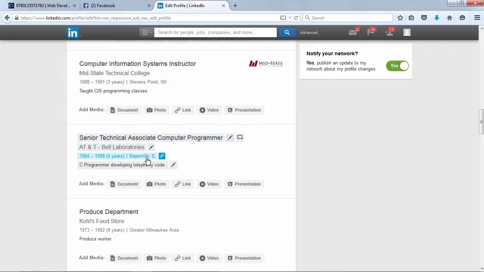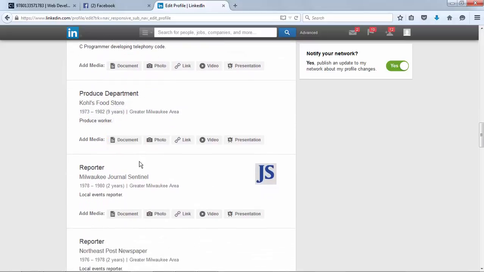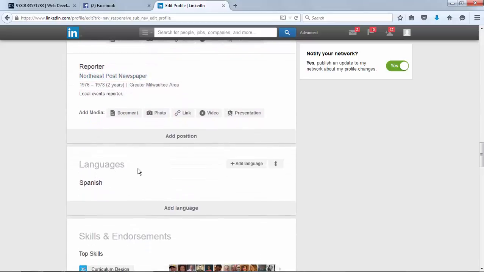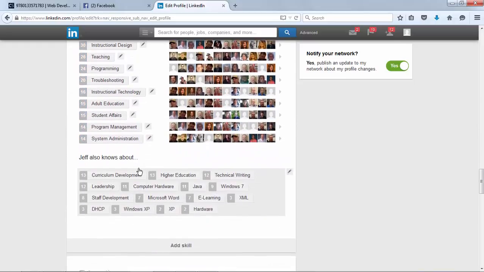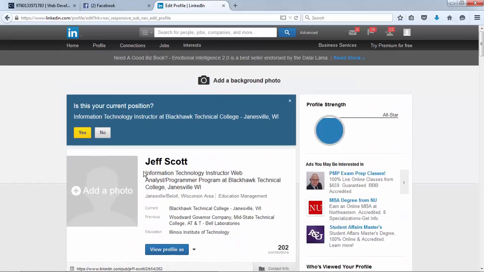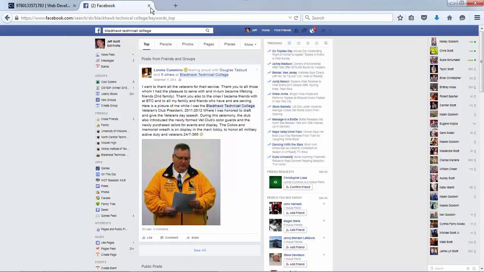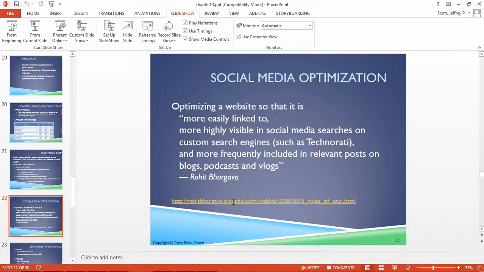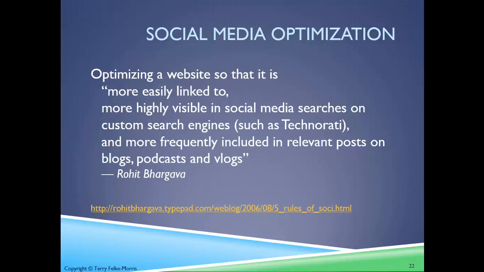I worked as a programmer for 4 years. I worked in a produce department at a grocery store for 9 years. I was a reporter, etc. All that stuff is in there. But LinkedIn, again, is a social media site for professional people. And if you have never looked at it before, you should go out there. And it's not only a way for you to put your stuff out there, but it's a way for you to network with other people.